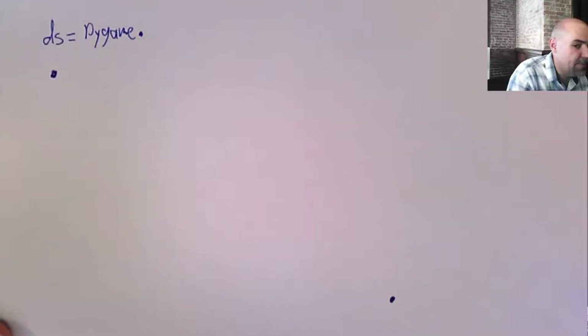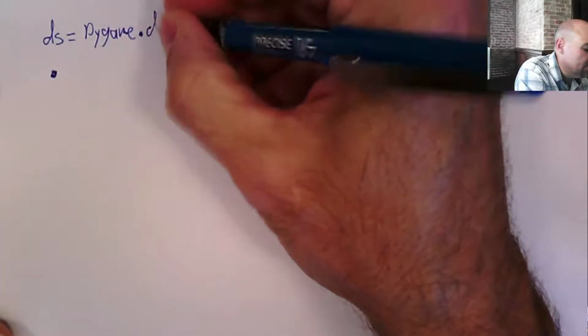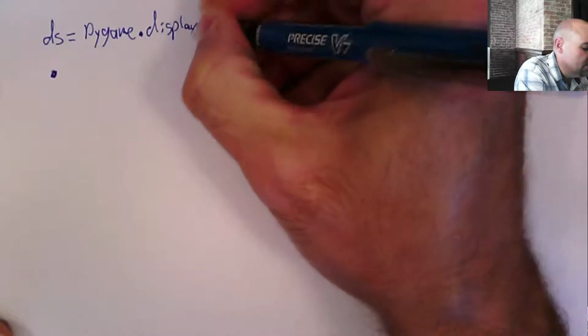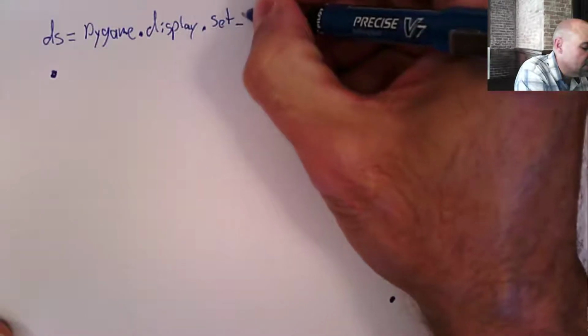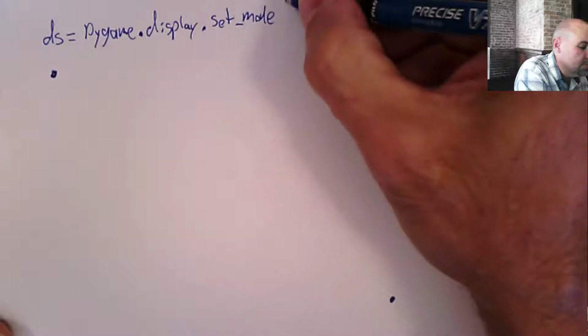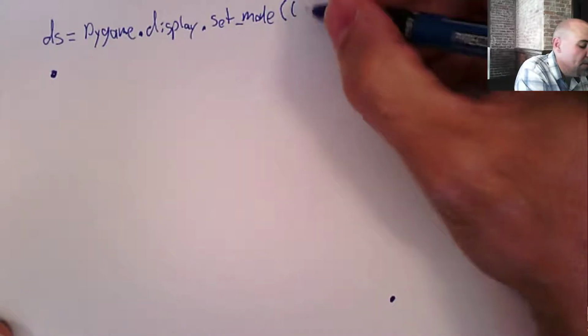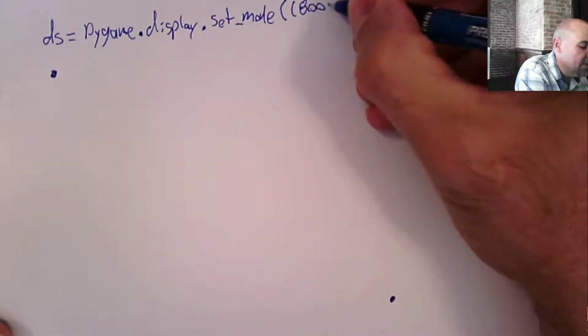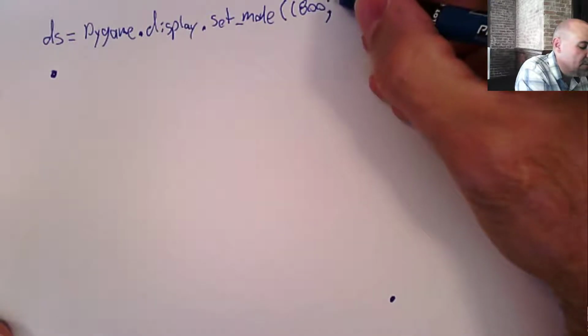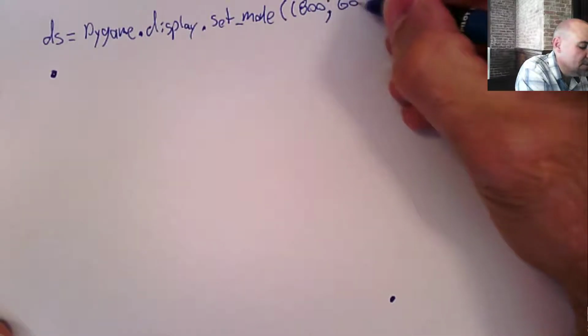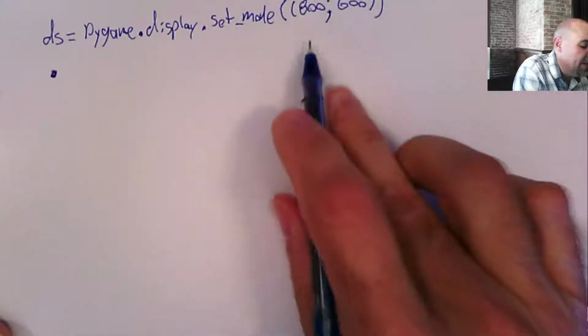So pygame.display.set_mode. And then we said we want that to be 800, 600. So that's making an 800 by 600 window.